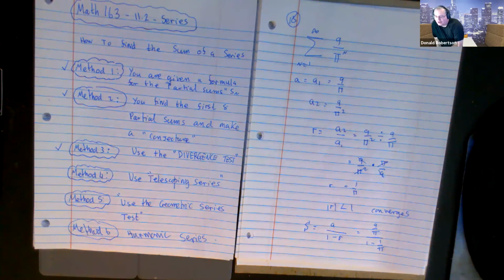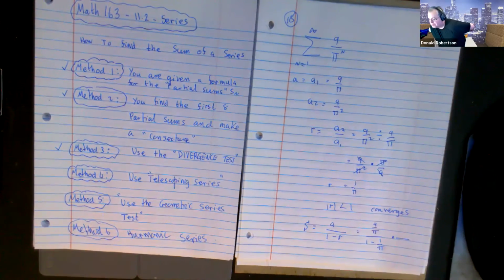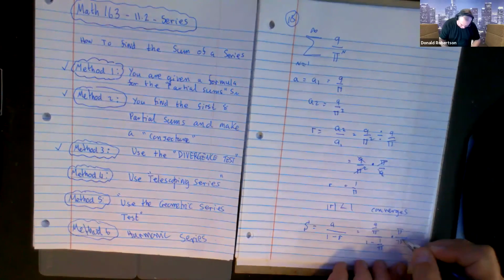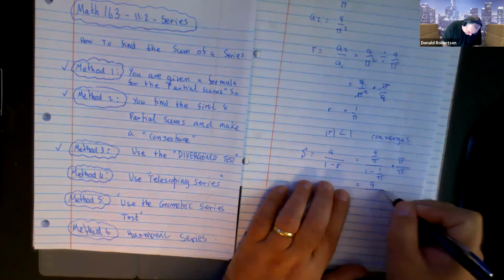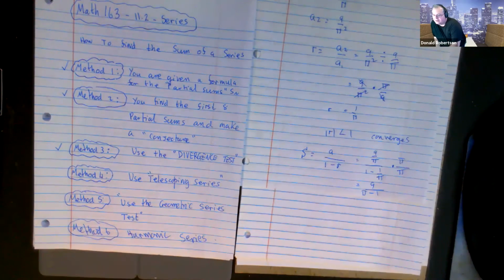What special version of 1 can you multiply this by to make it pretty? Multiply top and bottom by pi. When you do that, the top becomes 9, and the bottom becomes pi take away 1. Would you agree that's a much nicer looking answer than it was a minute ago? And that's how you would tackle that question.